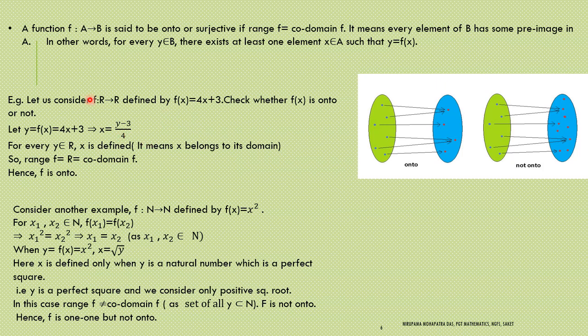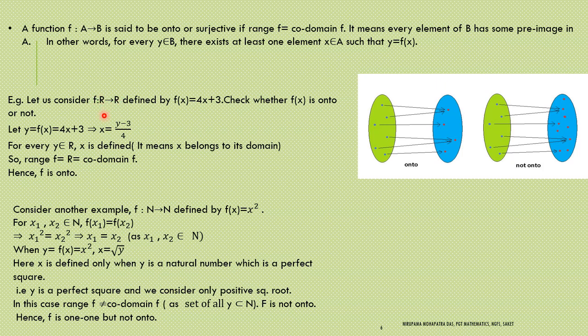That means here the domain is the set of real numbers and the codomain is the set of real numbers. For every real value of y, x is real. Okay, the meaning of this statement is, when we say for every y belongs to R, x is defined, it means for every y belongs to R, x is a real number.